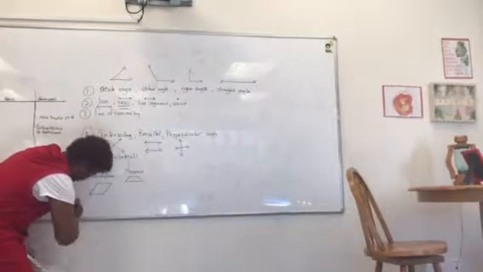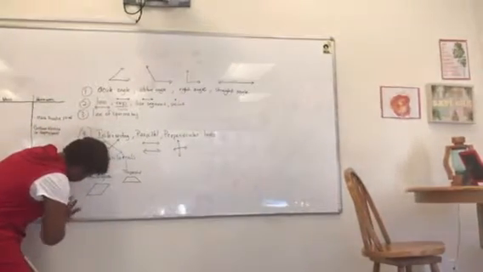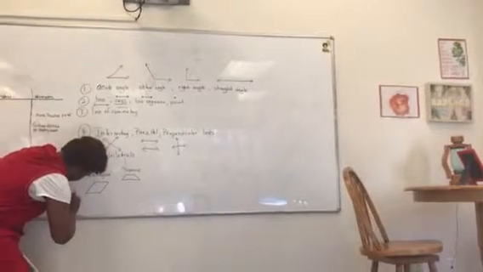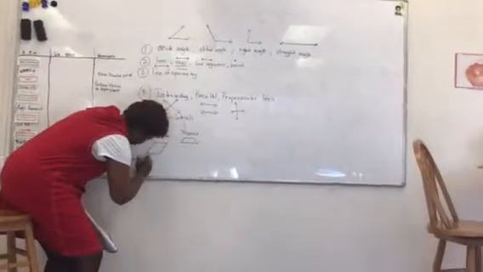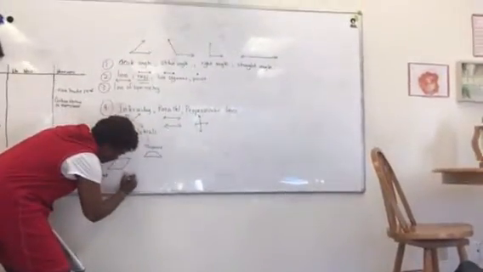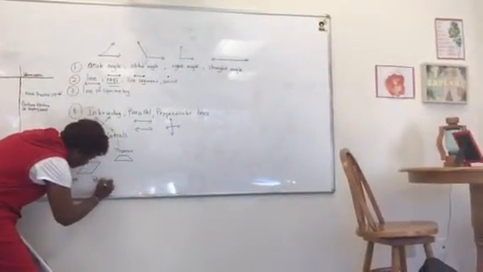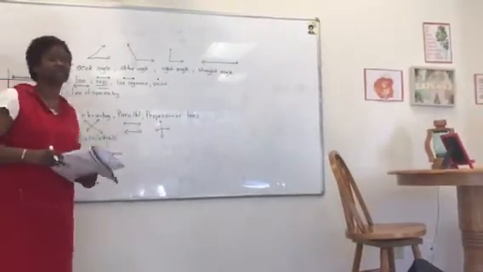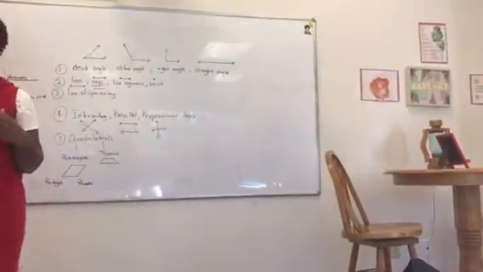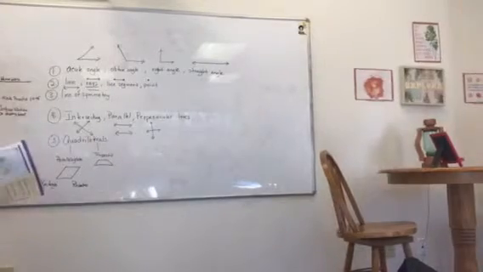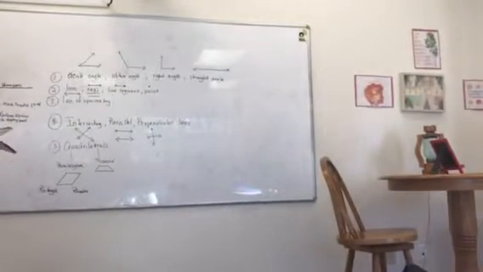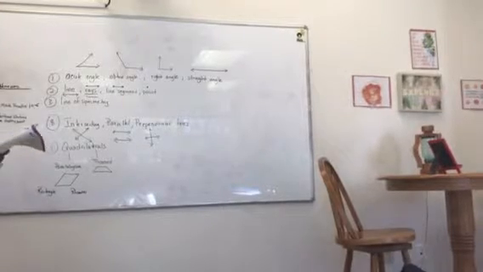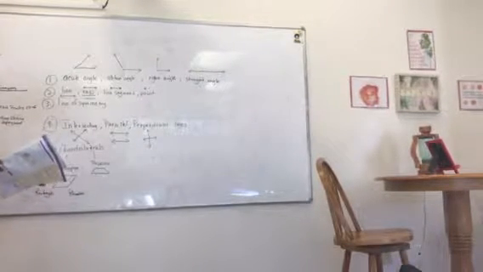Your rectangle, there are rules for your rectangle, and there are rules for your rhombus. The rules for your rectangle say you have 4 right angles, okay? And with those 4 right angles in a rectangle, you will have 2 pairs of parallel lines.